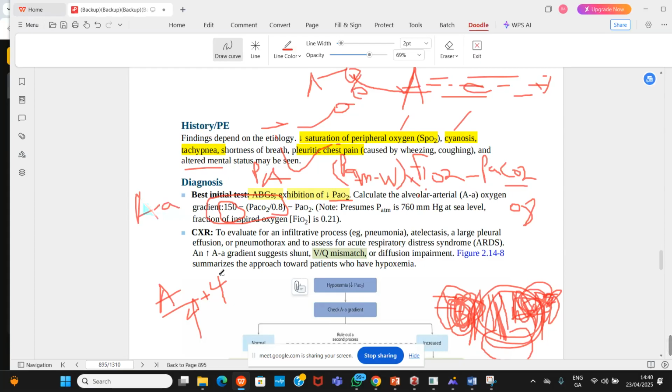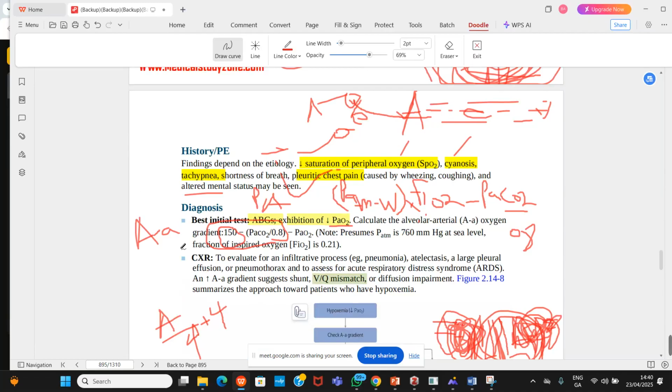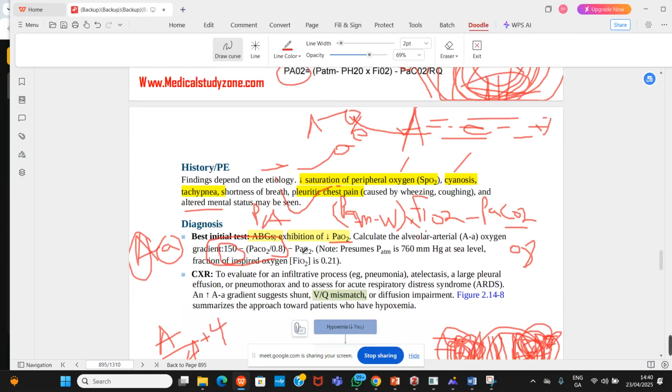I know that Dr. Babarinde will have taught us in respiratory, so it's not something new to us. But how do we calculate the small a? We can get the small a by measuring the PaO2 from our arterial blood gas. But we cannot get the big A from there, so we need to slot in some values in a formula to get the P big A O2.